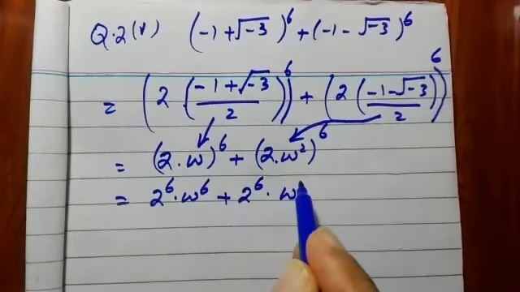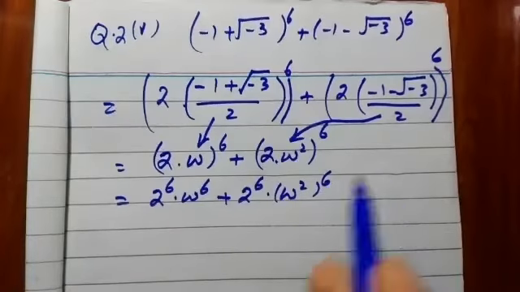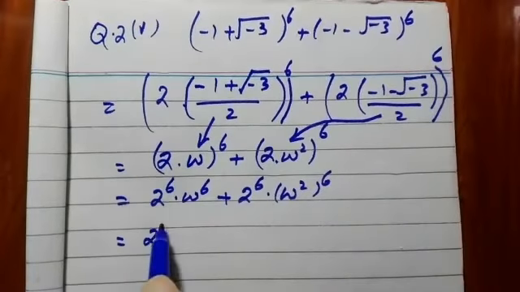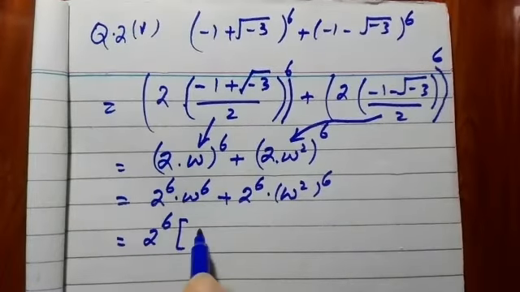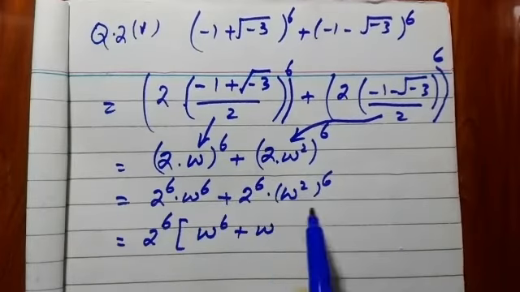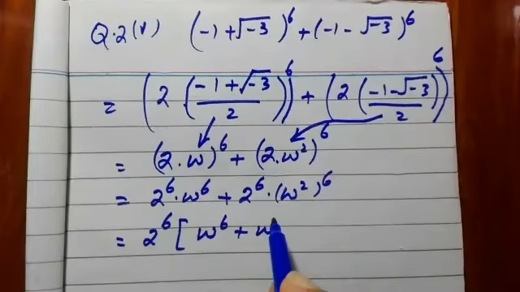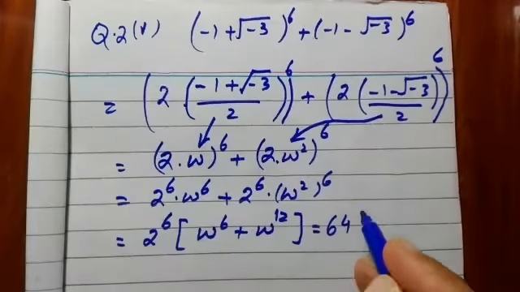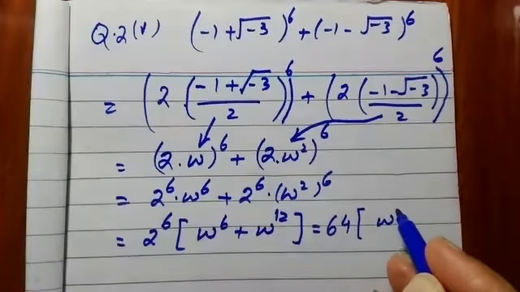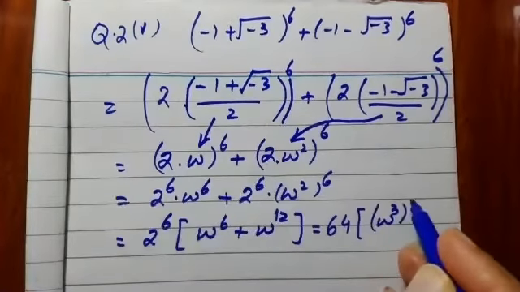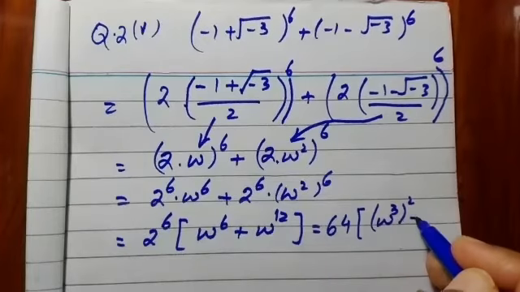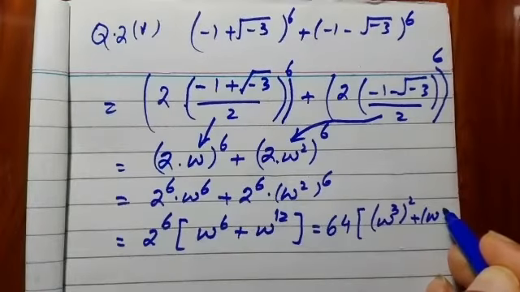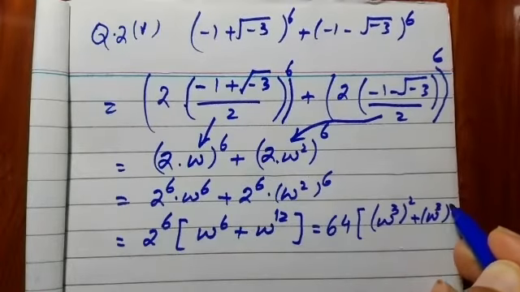Omega square and its power is 6. If you simplify it, take out 2 raised to power 6 as common. Keep omega 6 plus omega raised to power 6, 2s are 12, like this one. And 2 raised to power 6 will become 64. Omega 6 should be written like omega 3 squared. Why am I doing it? Because I have the value of omega 3, so I will solve in terms of omega 3.